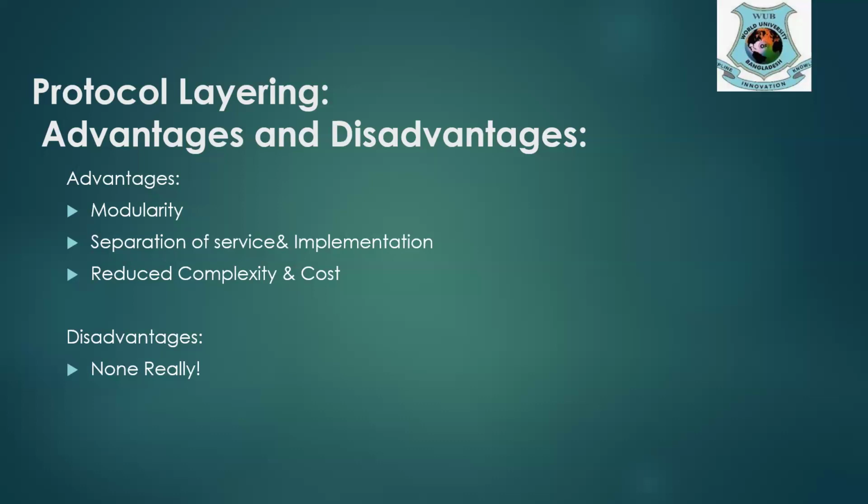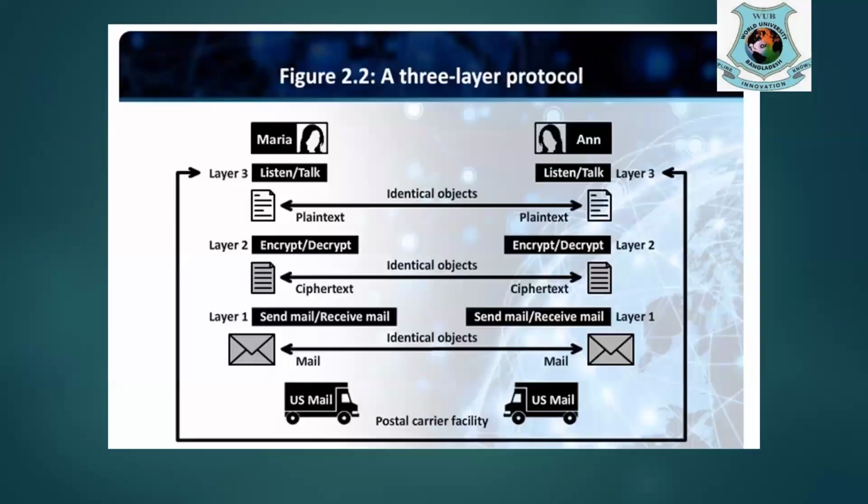When you are simplifying the solution process, the whole complexity of the system will reduce and the whole cost will be reduced also. Say, for example, if any problem arises with encryption, then you have to look to layer 2 only. You just need to fix layer 2. But if you do not have layering, then in case of encryption, you have to revise the whole process.